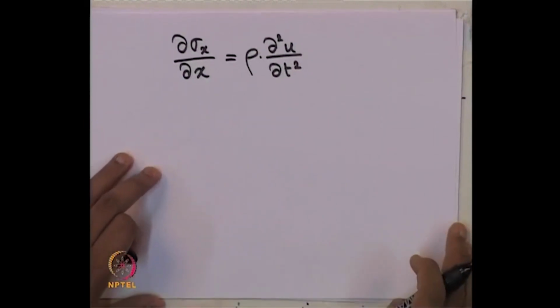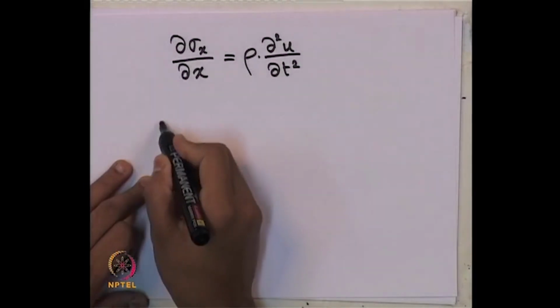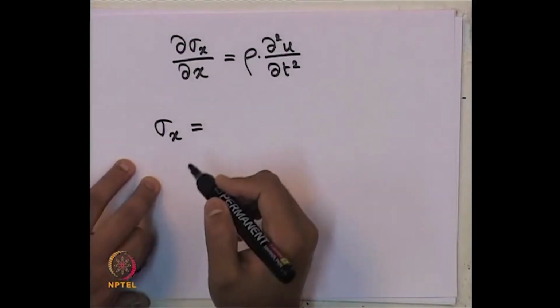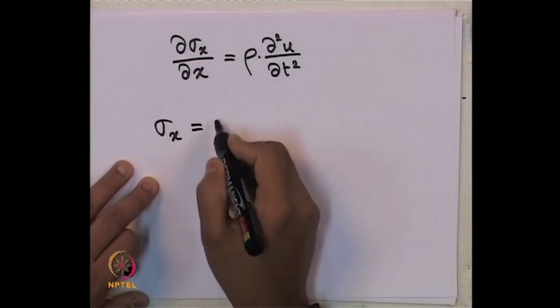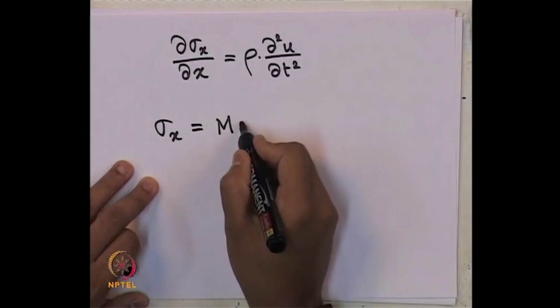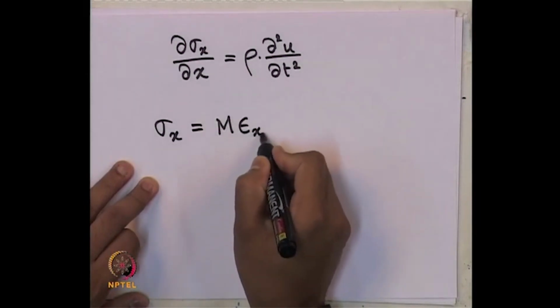Now, what is sigma x? Sigma x we can rewrite as some modulus times the strain.